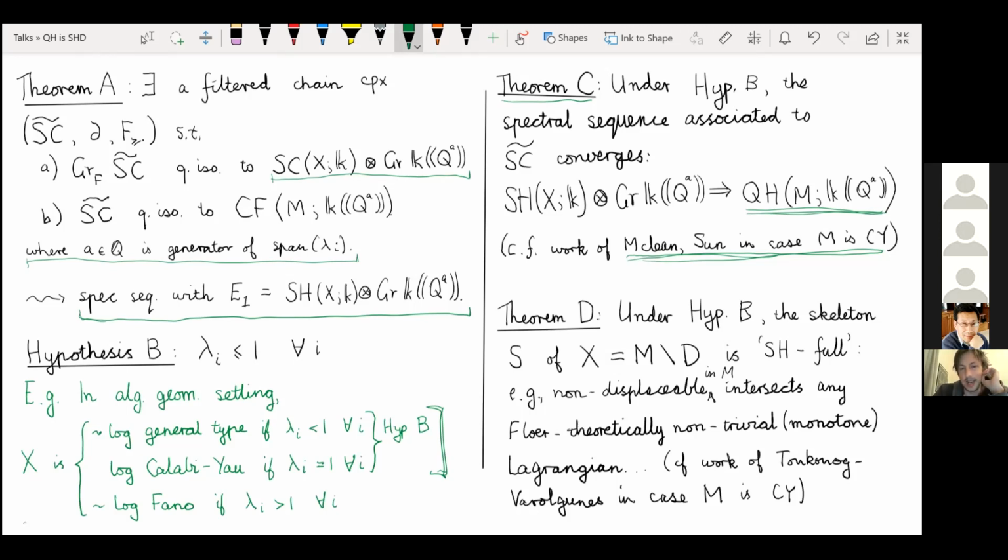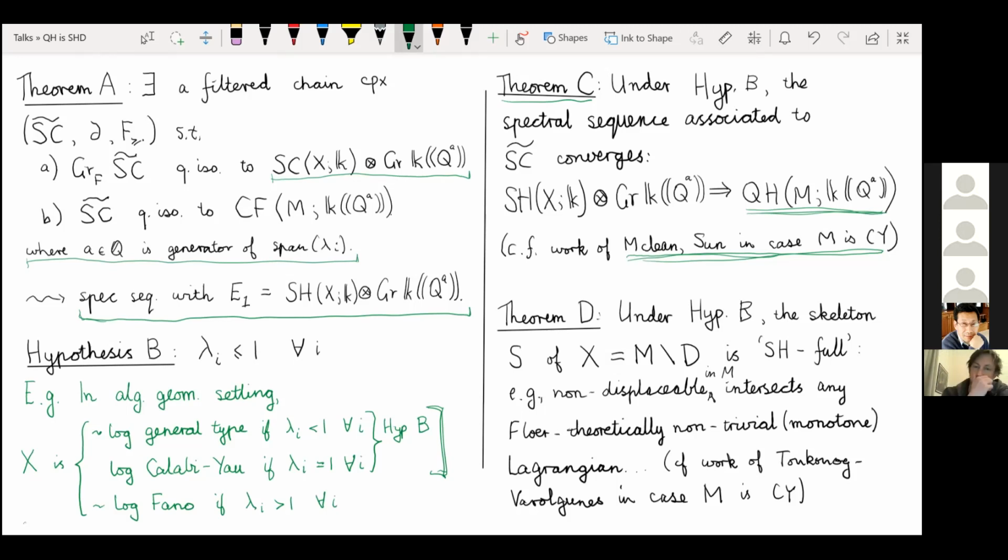It intersects any Floer theoretically non-trivial Lagrangian. And again, analogues of this have been proved by Tonkonog and Varolgunes in the Calabi-Yau case, but they didn't need this hypothesis.